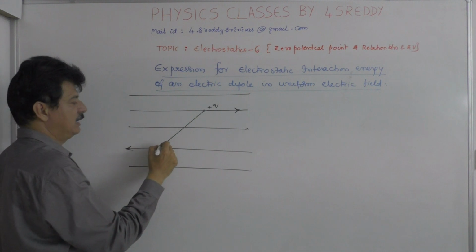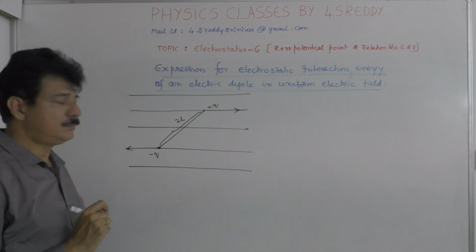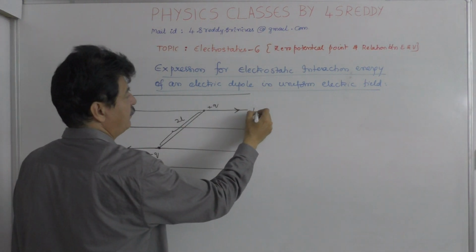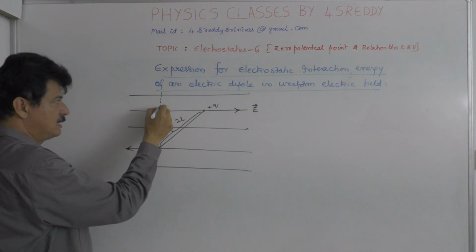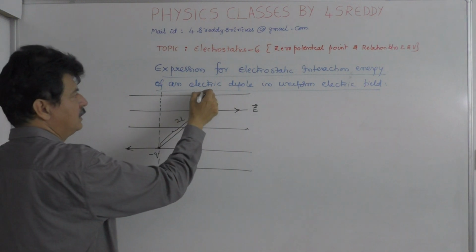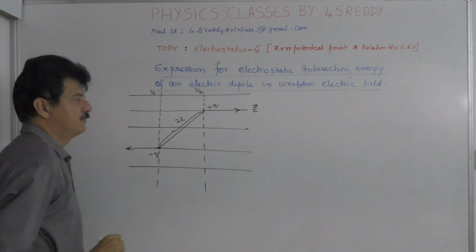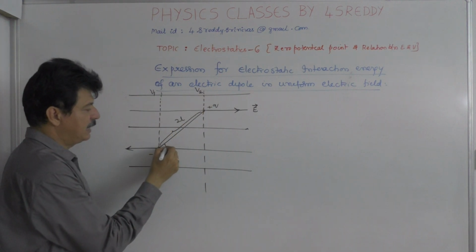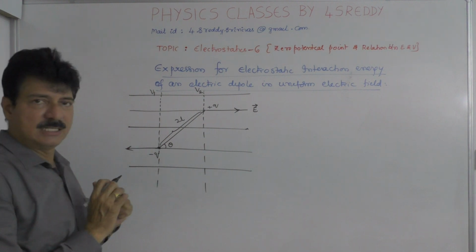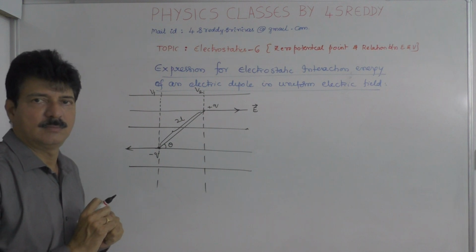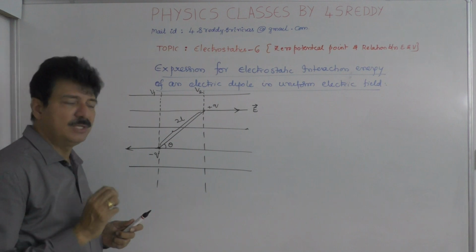Now, this is an electric dipole of length 2L kept in the uniform electric field of intensity E bar. Now, consider this is V1 and this is V2. This is making an angle theta, let us say. Then how to find out the interaction energy or electrostatic potential energy of an electric dipole in the uniform electric field?